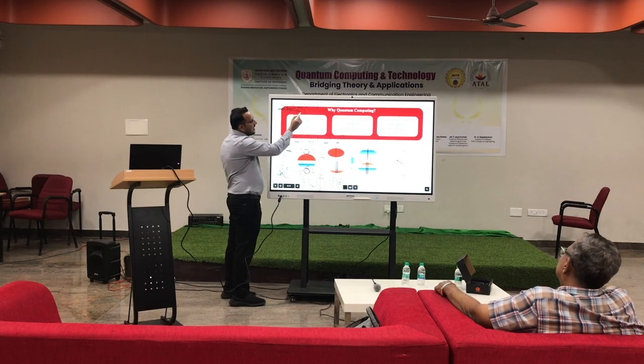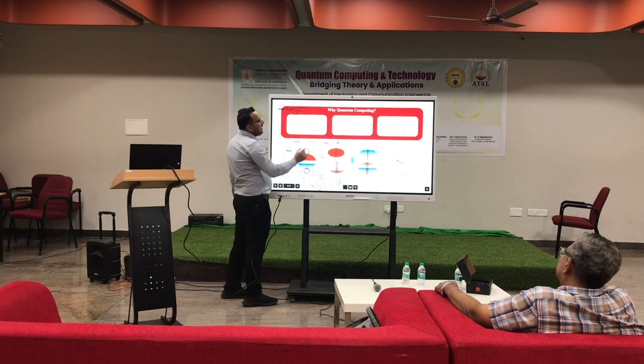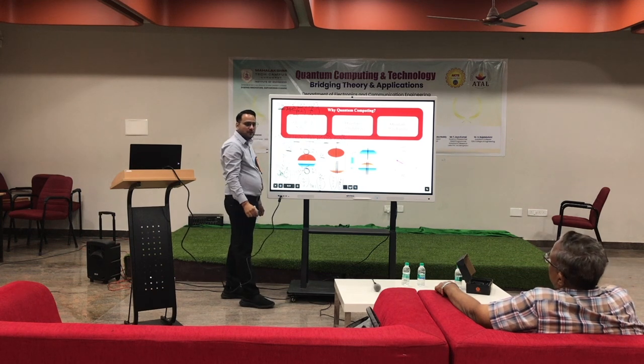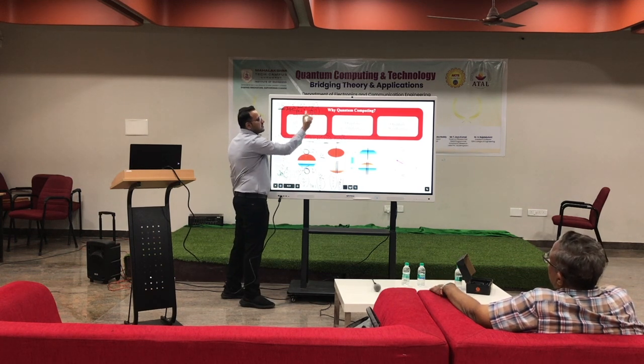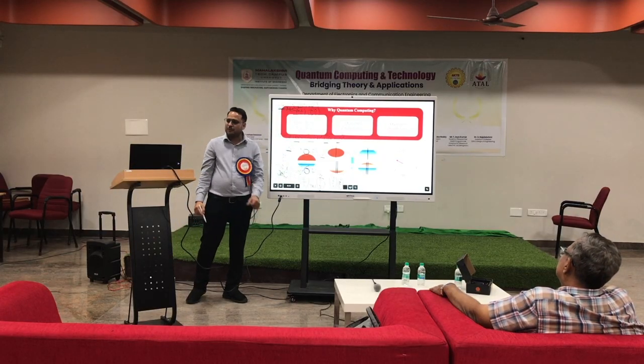So at the 0th index position you put 1 for this ket 0. Clear? Similarly, for ket 1, at index position 1 you put 1, and the rest of all entries are set as 0. So this is how the vector is formed.